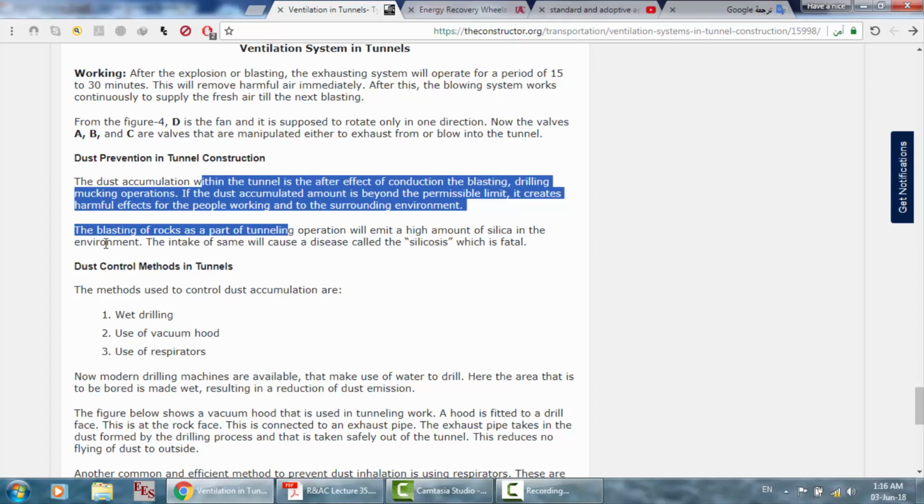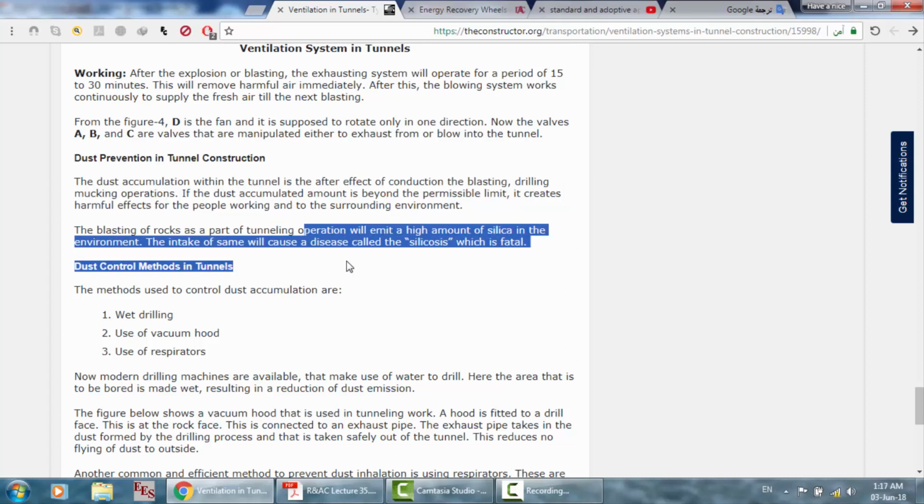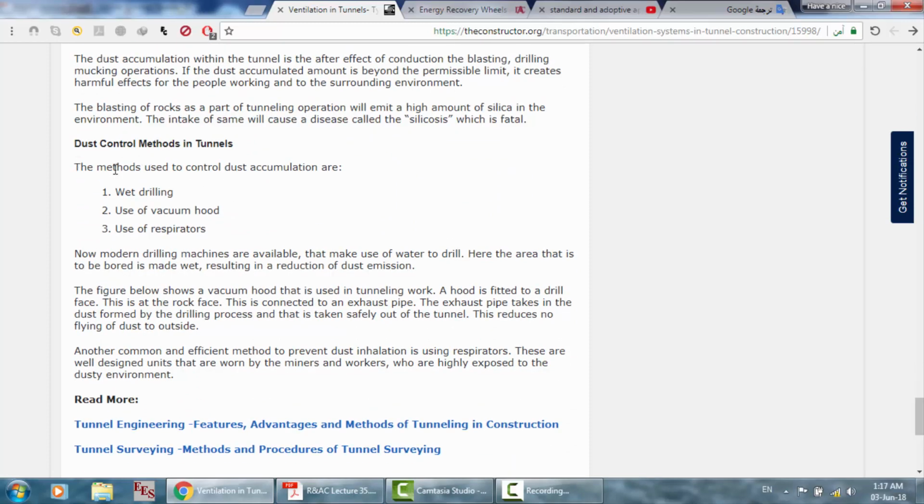The blasting of rocks as a part of tunneling operation will emit a high amount of silica into the environment. The intake of the same will cause a disease called silicosis, which is fatal. Also, the dust control methods in tunnels, the methods used to control dust accumulation, are wet drilling, use of vacuum hoods, and use of respirators.